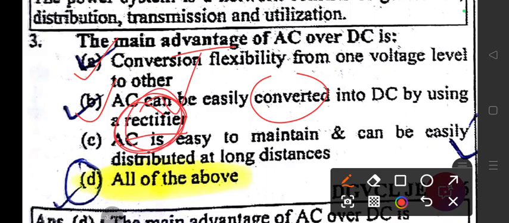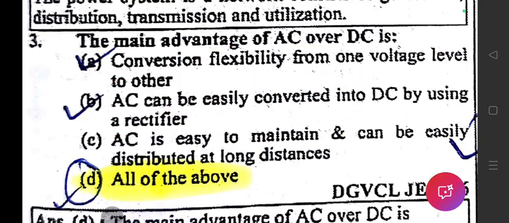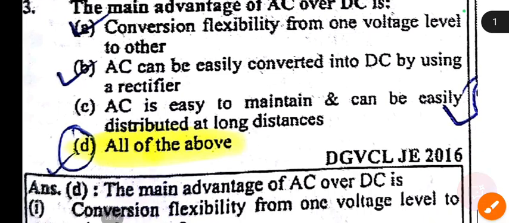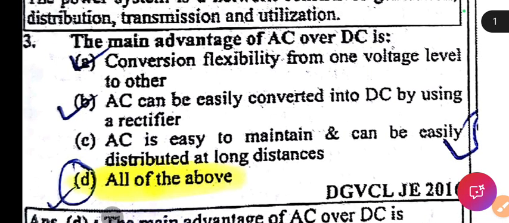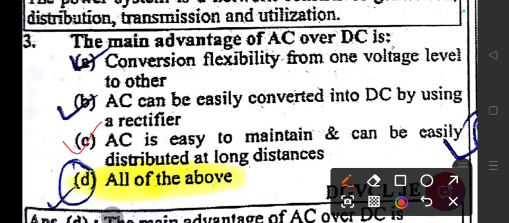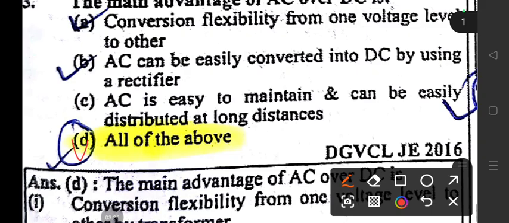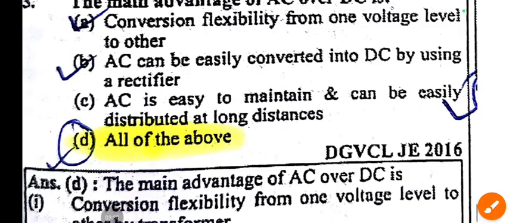You know the rectifier circuit is a power electronics component, from basic electronics: single phase half wave rectifier, full wave rectifier. And AC is easy to maintain and can be easily distributed over long distances. Yes, good. So the answer is all of the above.